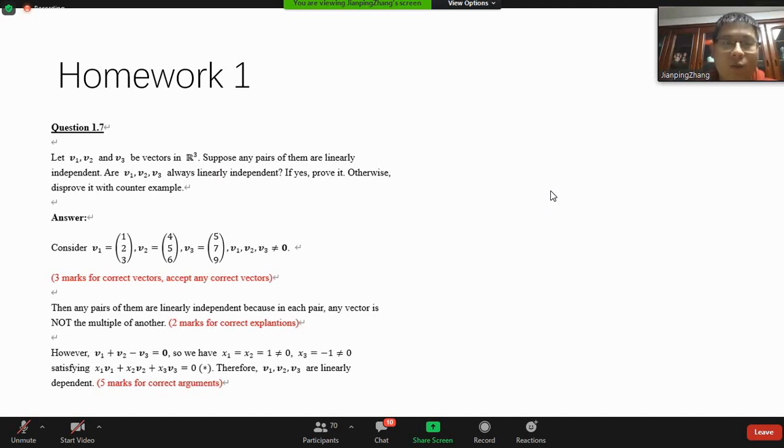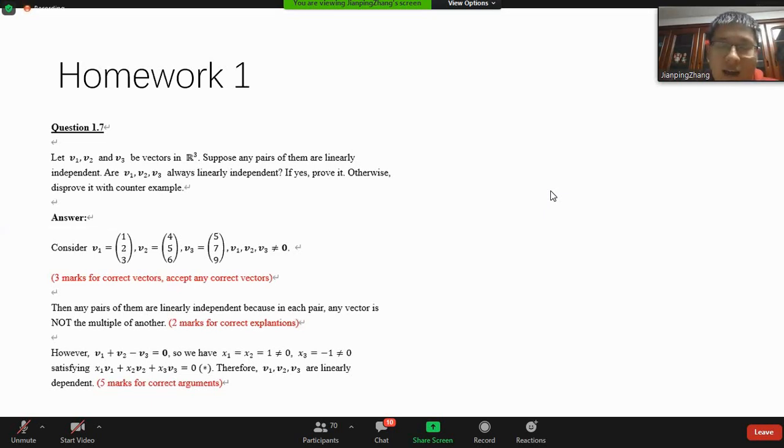So we can find V3 in the V1 and V2 space. Any pair of them are linearly independent, but actually V3 can be expressed by V1 and V2. So that means V1, V2, V3 are not always linearly independent.